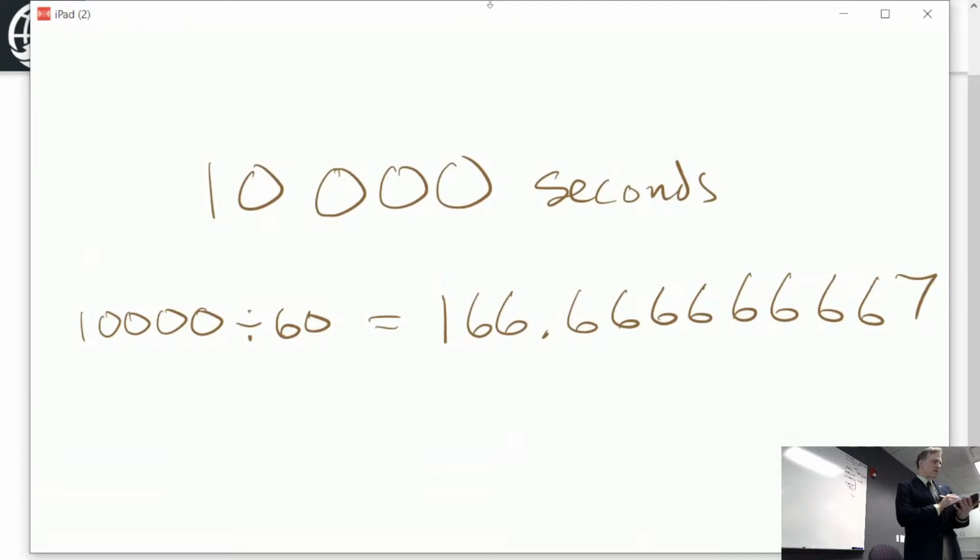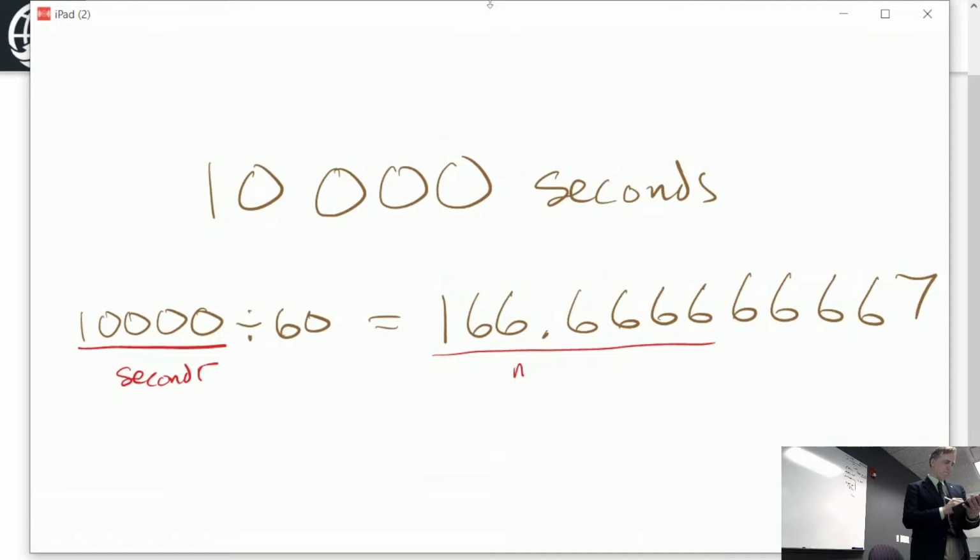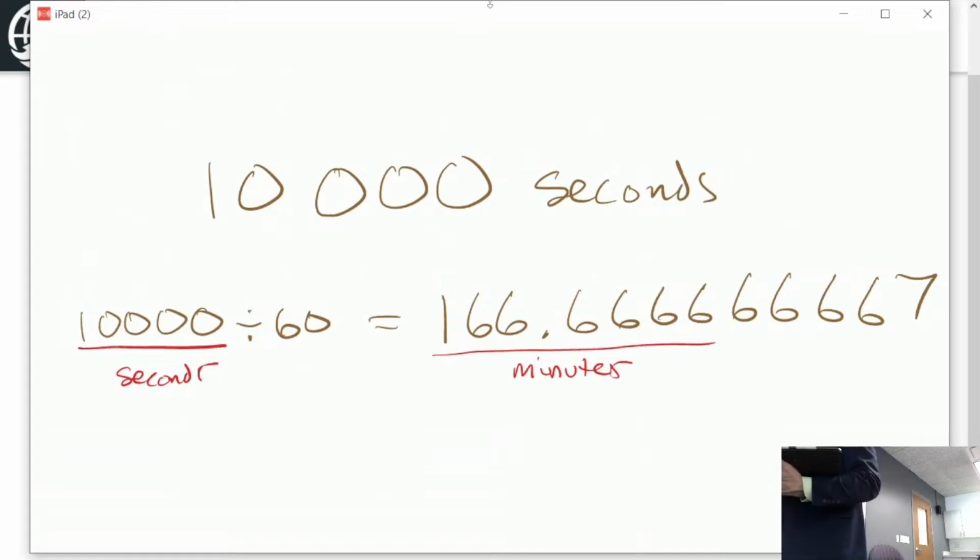When you do this, you have seconds over here, and over here, this is minutes. Because if you divide by 60, you're changing from seconds to minutes, because there are 60 seconds in a minute.